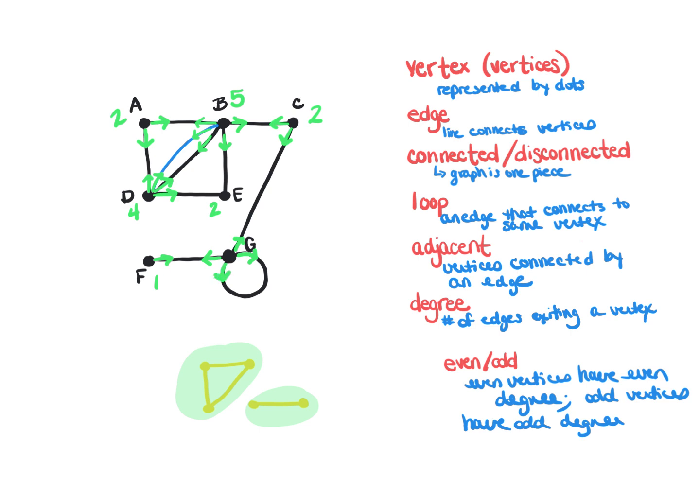And so that is 2 different options, and so G would have degree 4. Any of those vertices that have an odd degree, for example, vertex B and vertex F, are considered to be odd vertices. All of the others, A, C, D, E, and G, are even vertices because they have even degree.